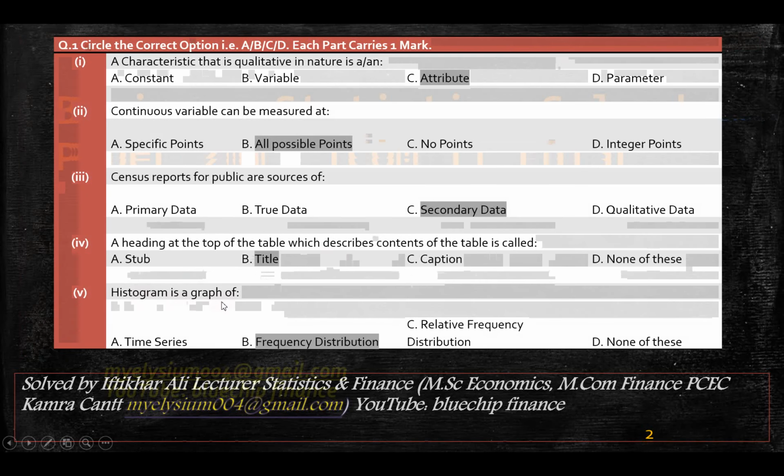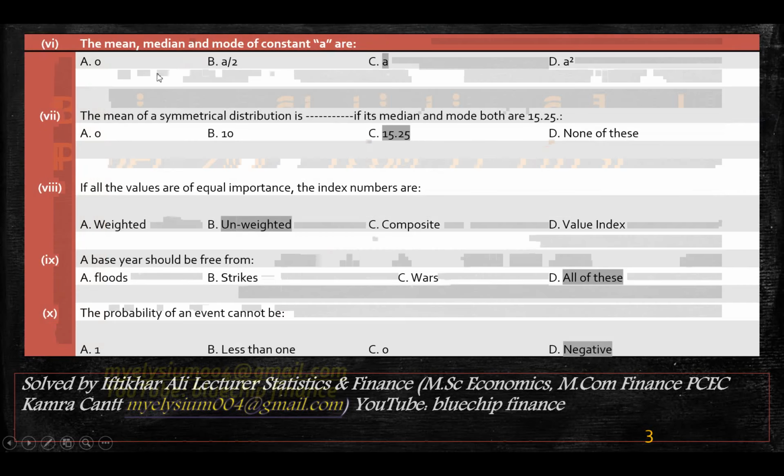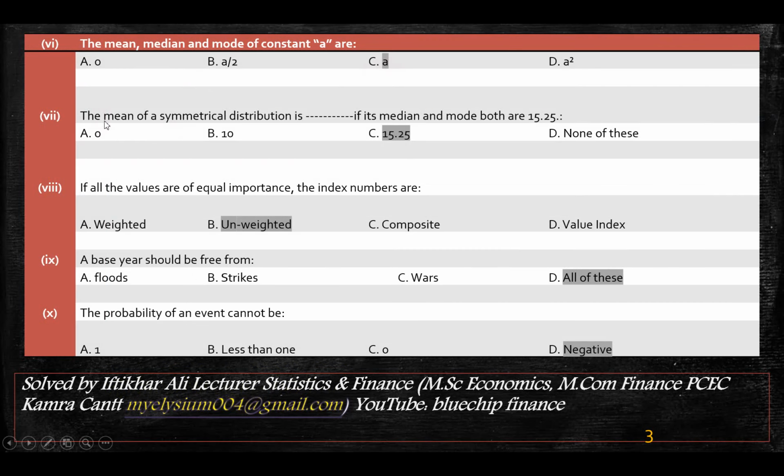MCQ number 4: histogram is a graph of frequency distribution. The mean, median and mode of constant A are A. The mean of a symmetrical distribution is blank space if its median and mode both are 15.25.